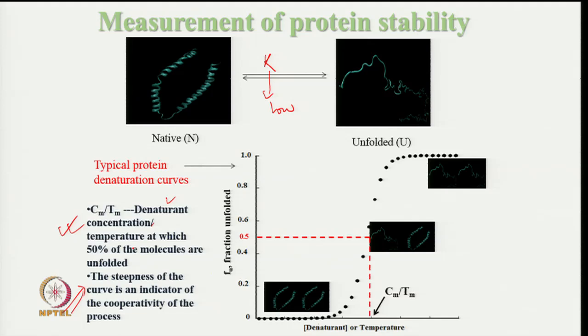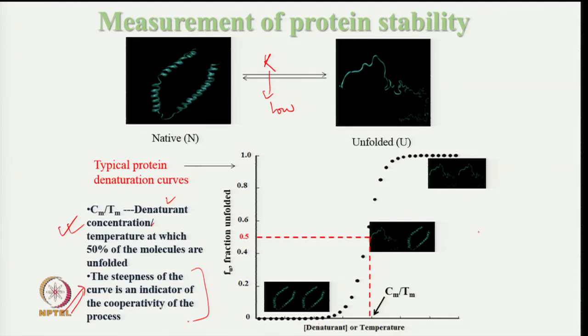Cm is the denaturant concentration at which 50% of molecules are unfolded, whereas Tm is the temperature at which 50% of molecules are unfolded. And the steepness of the curve is an indicator of the cooperativity of the process. These are two very important parameters.